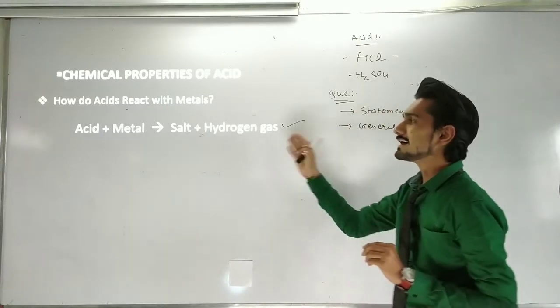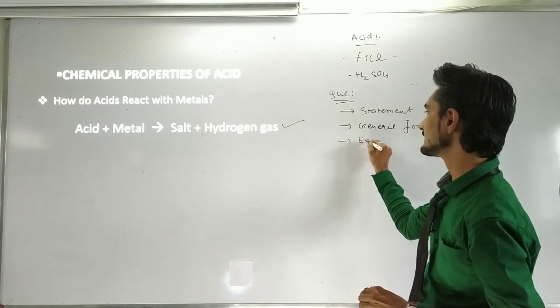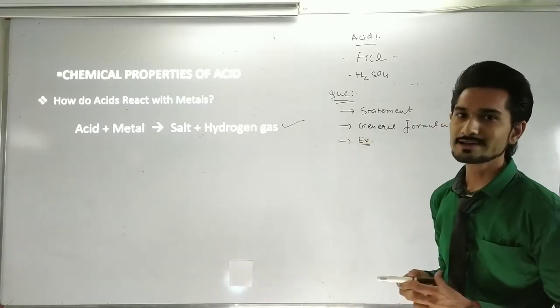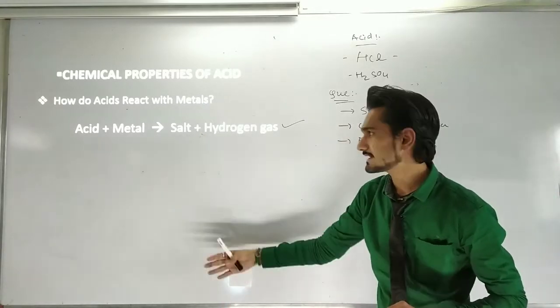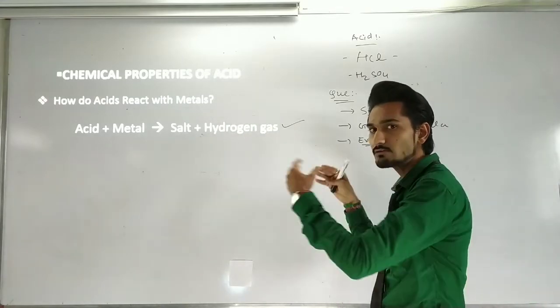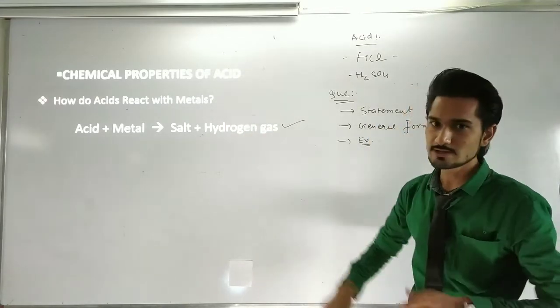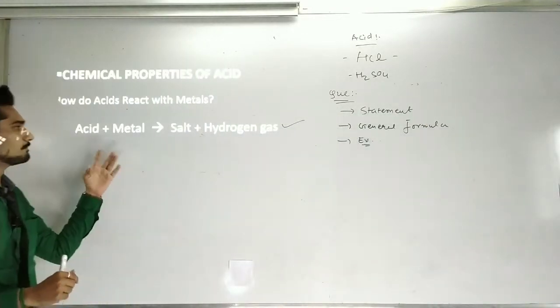Okay, and afterwards, in the third point, you have to give the example. In the example you take some acid and some metal, react both of them and make the byproducts, salt and hydrogen gas. Let us take acid and metal.